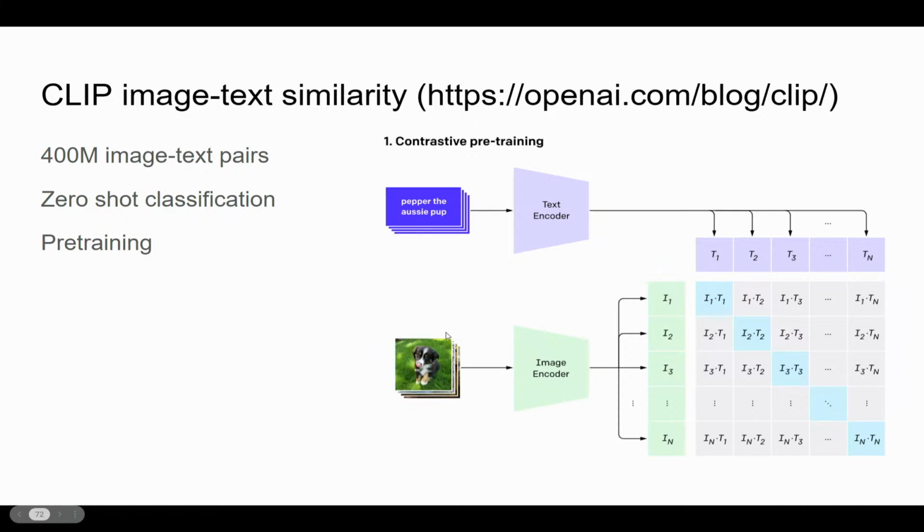So one other way to pre-train networks is to use language. It can be done at large scale. The first method which did that was CLIP. Does anyone remember what CLIP stands for? Okay, yes. Contrastive language image pre-training.